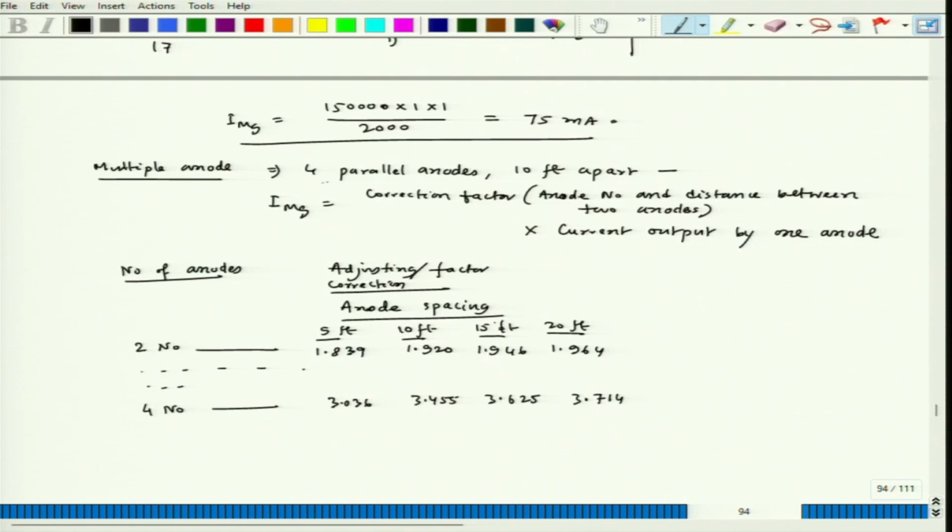Now we have put 4 parallel anodes 10 feet apart, so we have to use this 4 number and this table. So this is the value we have to use.